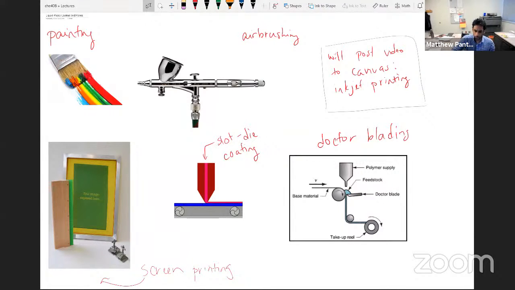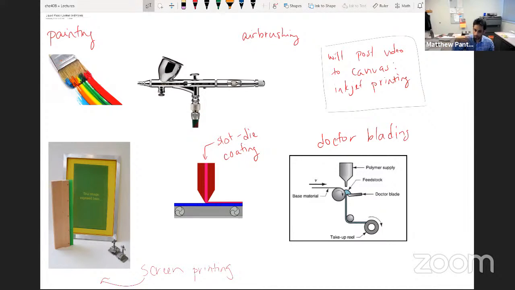The other one I have here on the far right is doctor blading. Basically you take a blade of some sort, and you can have some polymer that feeds through in liquid form. You use the fact that there's a small gap between this blade and the substrate. In this case, we have a reel of some kind of plastic sheet.